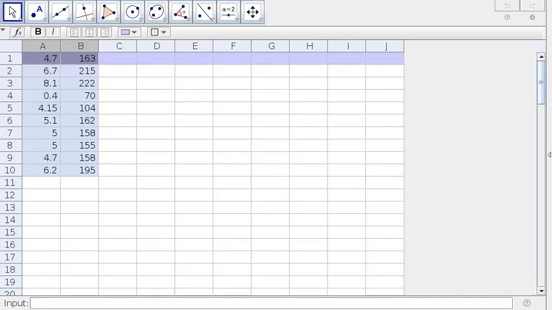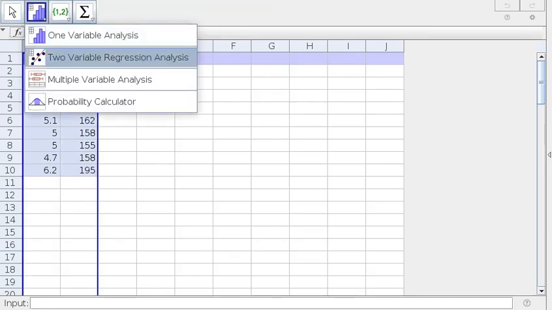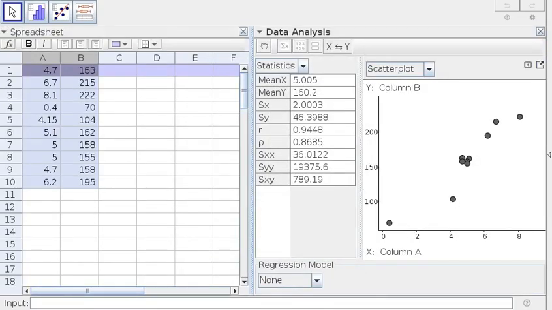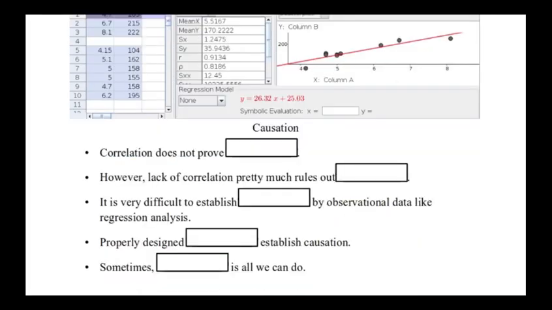Looking back on our beer example, if we select both columns and do a two-variable regression analysis, we see that the calculator gives us r. Notice that when we choose a regression model, it also gives us r squared. Now, as always, correlation does not prove causation.